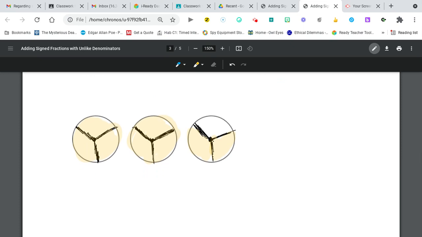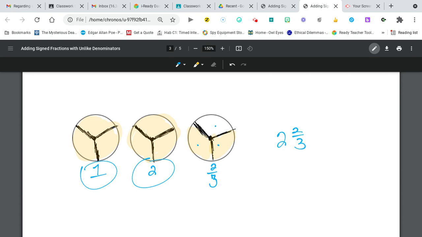Okay, let's take a look at this one. I have 1 whole, 2 wholes, so that's 2. Then I have 2 more shaded out of a total of 3. So that's 2 wholes and 2/3. That's what the model represents. But if I take one of these wholes away, I no longer have 2 wholes, I only have 1.